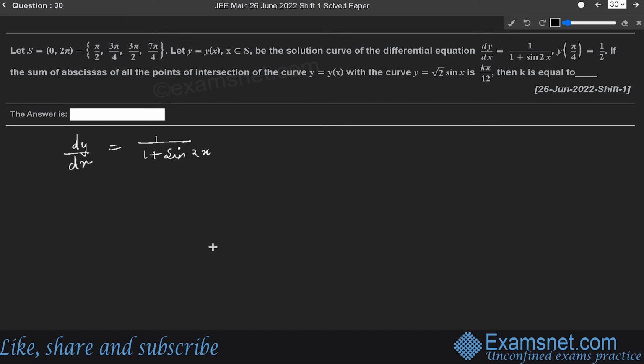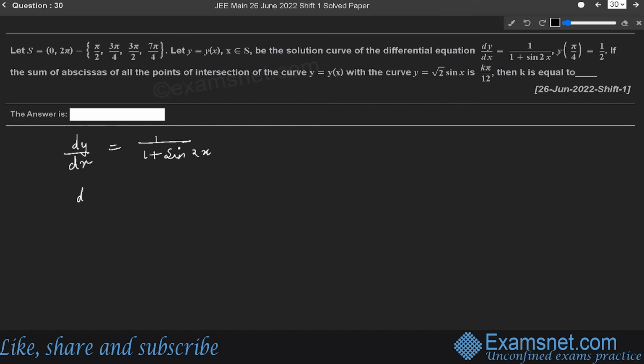If the sum of abscissas of all the points of intersection of the curve y equals y of x with the curve y equals root 2 sin x is k pi by 12, then k is equal to. So a differential equation is given here.